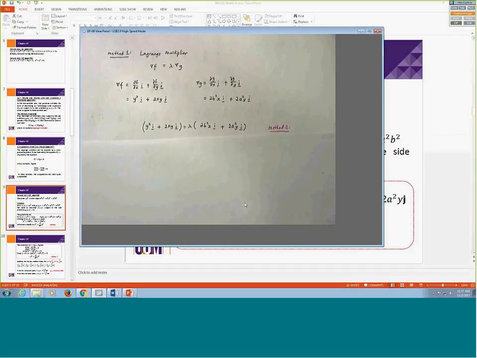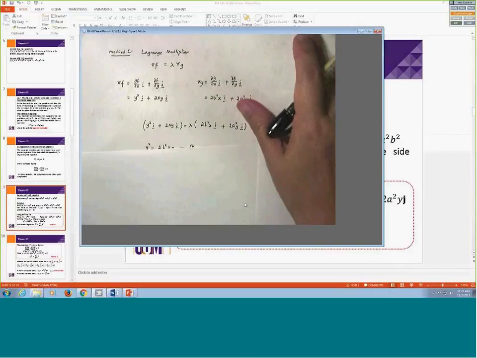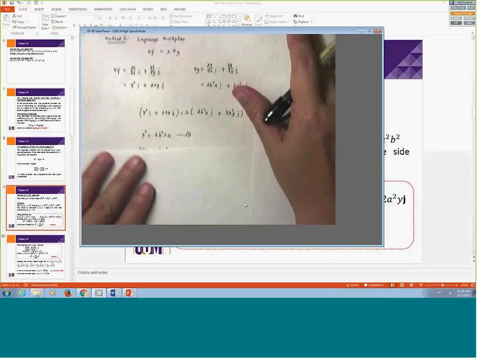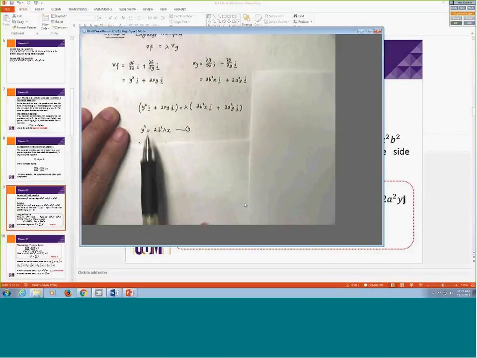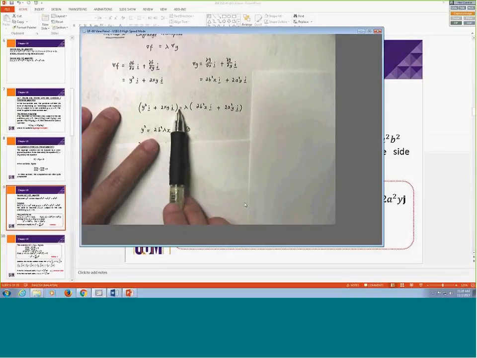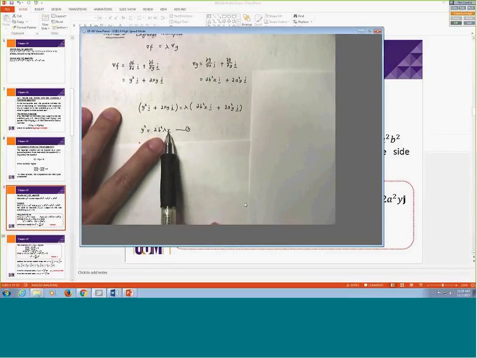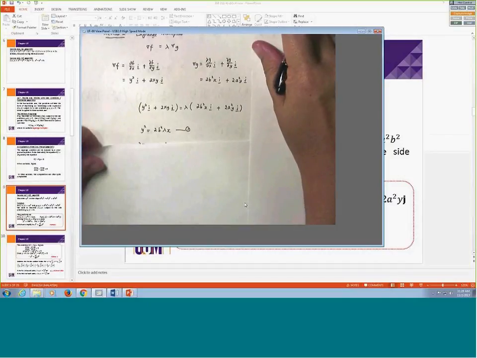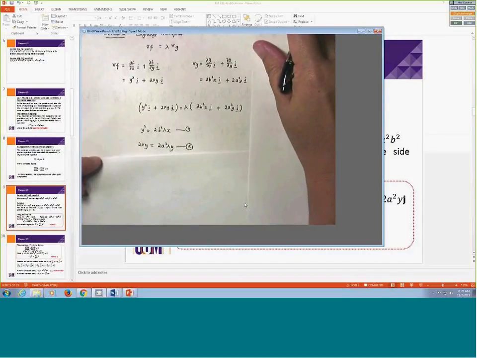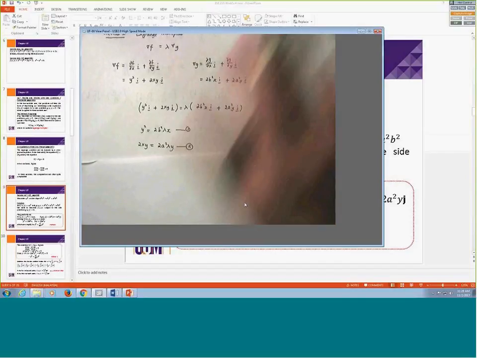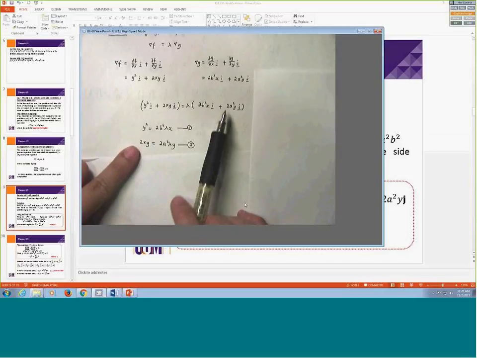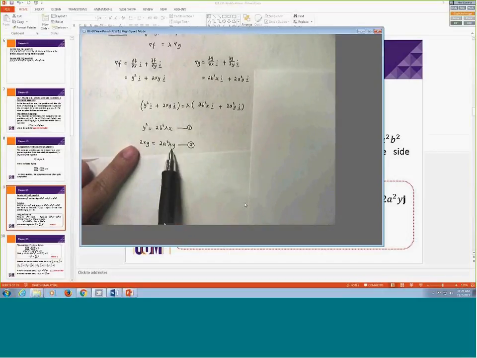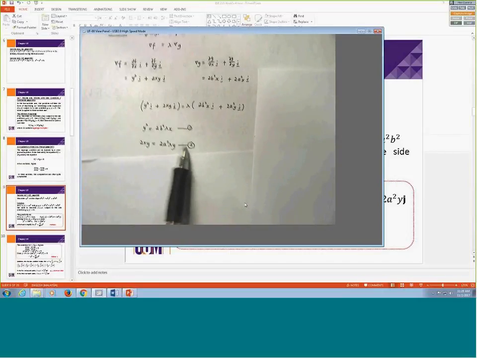Then for the vector i, we have y squared equals 2b squared lambda x, the first equation. The second equation is for j: 2xy equals 2a squared lambda y. So solve these two equations. We can eliminate lambda.